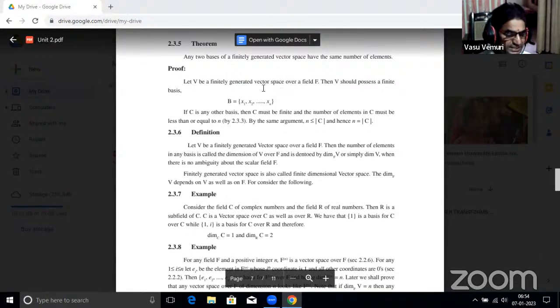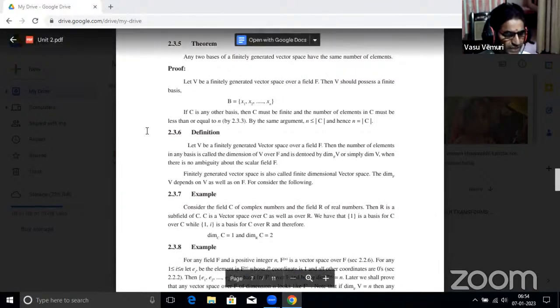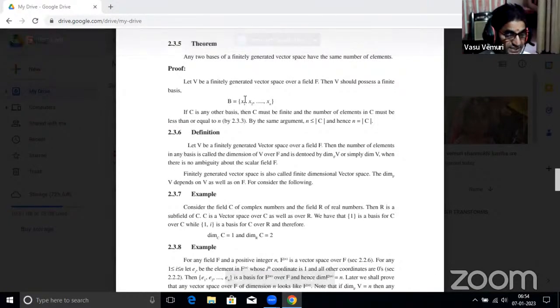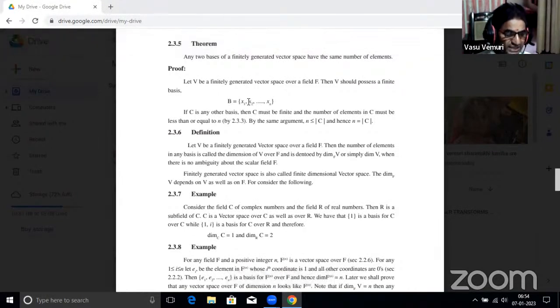Suppose the any two bases are capital B and capital C, with L of B equal to L of S. Already we have seen how to prove the above theorem. Those bases of a vector space have the same number of elements. One basis set is capital B, consisting of n elements, and another one, C, is also a basis of the set, with elements y1, y2, so on, ym.